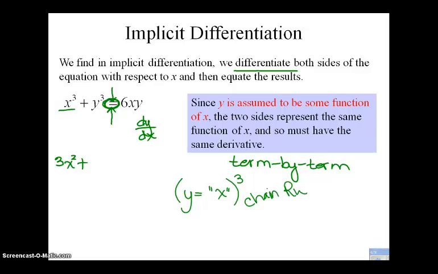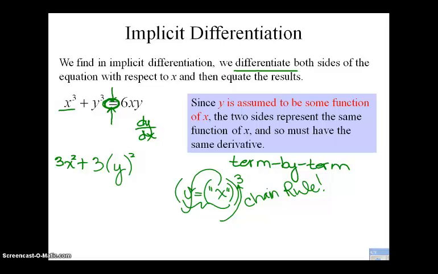I have to use the chain rule on this term because this function has been put into that function machine, and that whole thing has been put into another function machine. This is a chain rule problem. So the chain rule says the derivative of the outside, which is a power rule, not changing the inside.